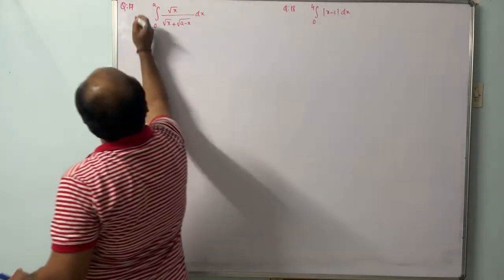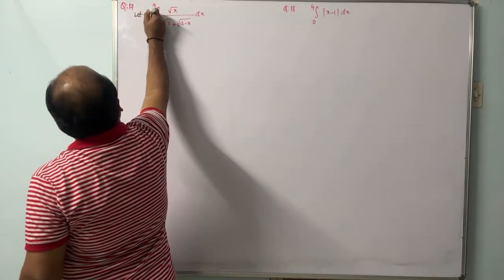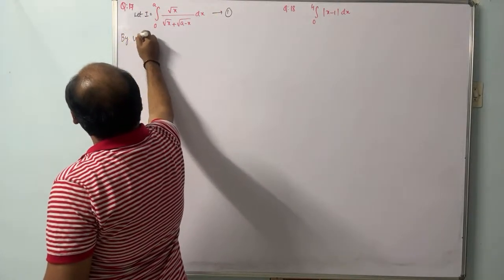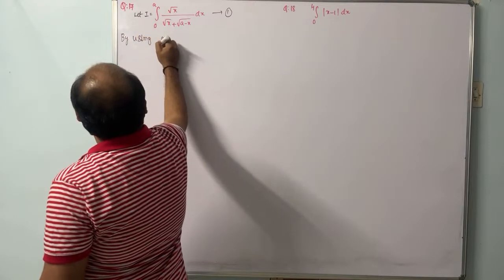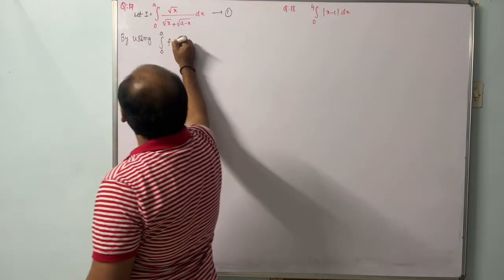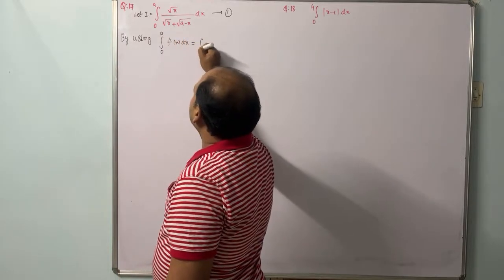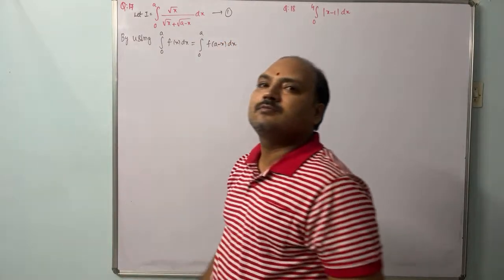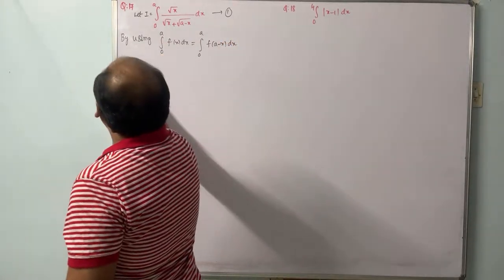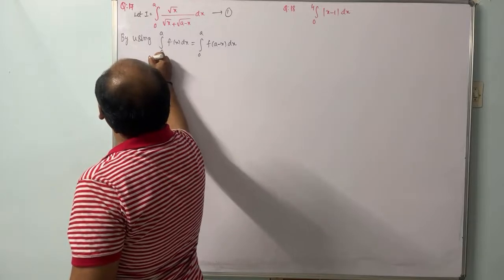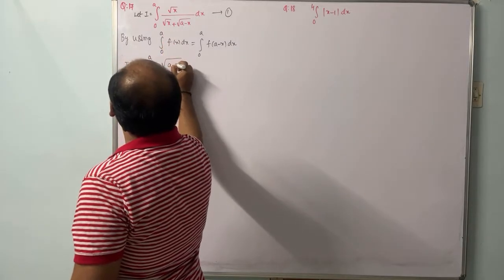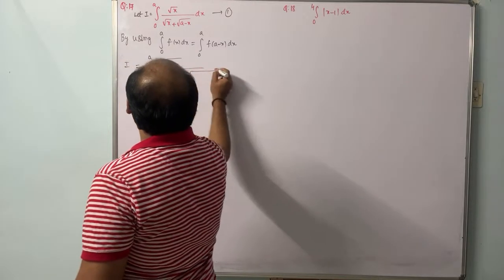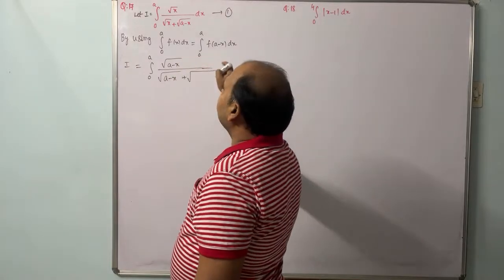So let us consider the given integral as I. Let I equal to this, keep that as equation number 1. By using the property integral 0 to a f of x dx is equal to integral 0 to a f of a minus x into dx, now I equal to integral 0 to a, wherever x is there, you have to replace by a minus x.